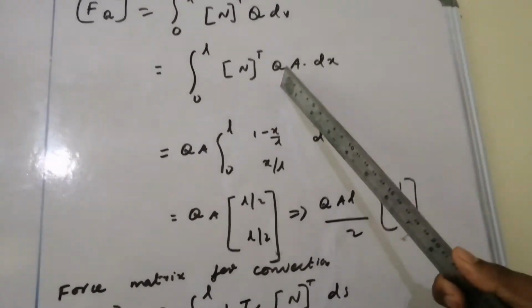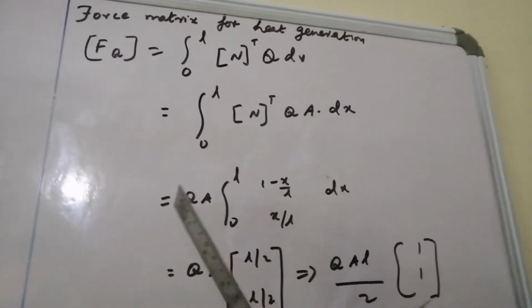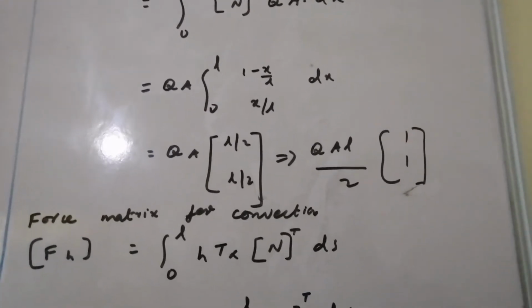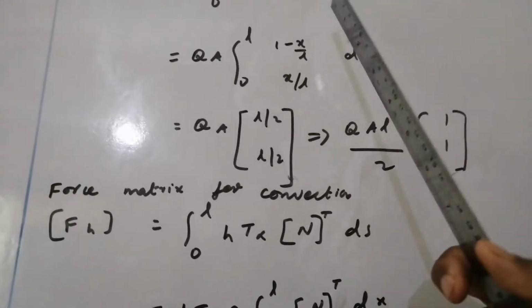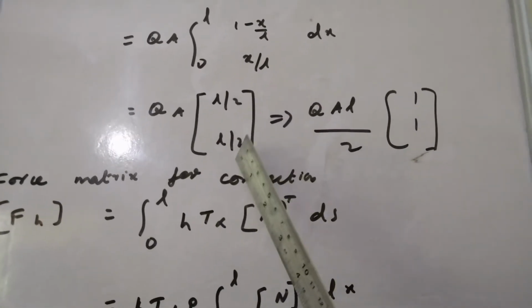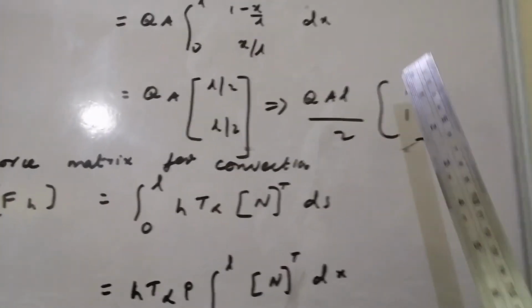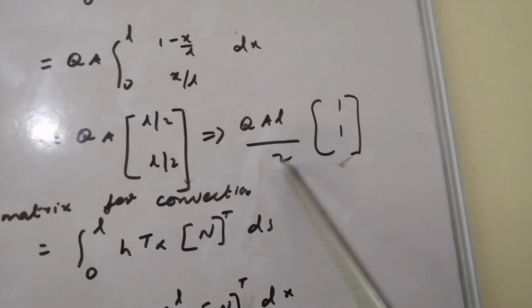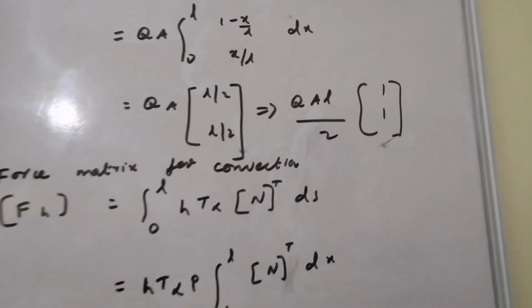And here Q and A are constant, so we are taking them outside, and we are only integrating 1 minus X by L and X by L. So after the integration and substitution of L, we will get QA L by 2, L by 2. And while taking the common term outside, we will get it as QAL by 2 [1; 1].